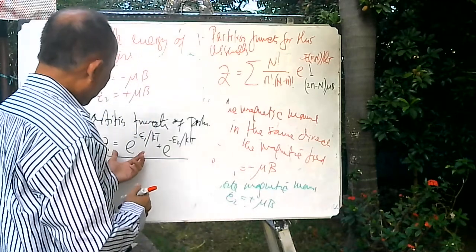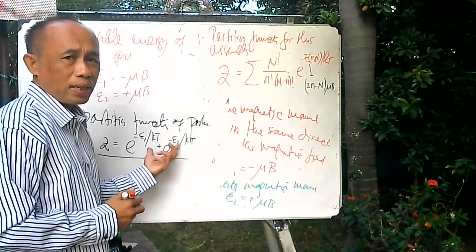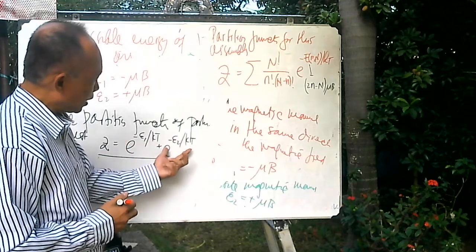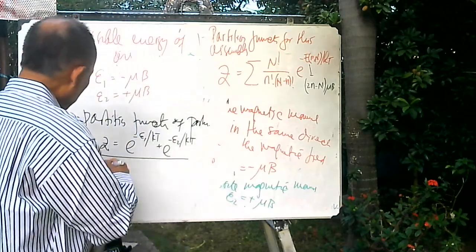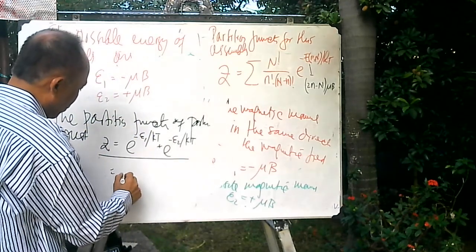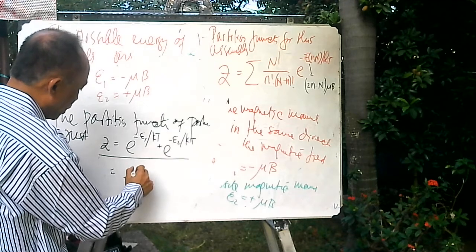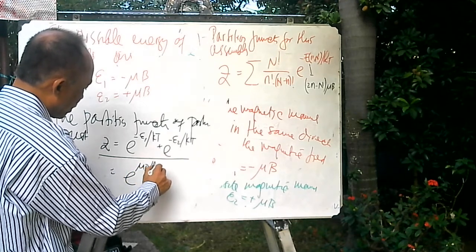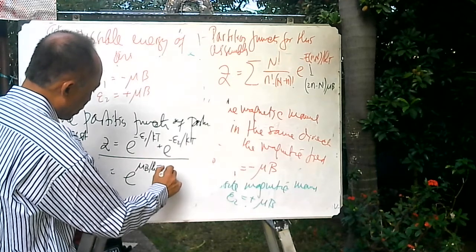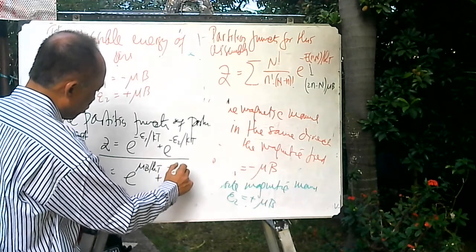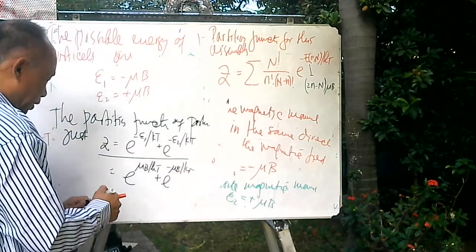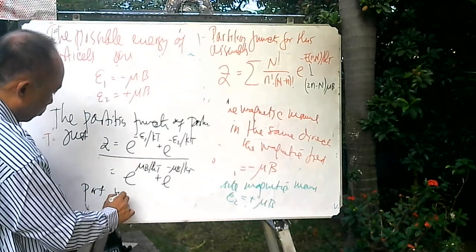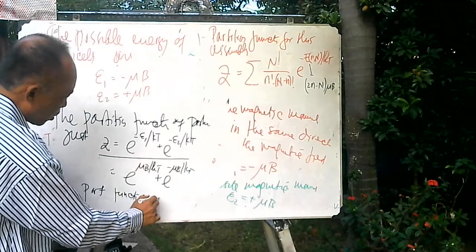But in the case of a particle, we have only two terms, one contributed by epsilon 1 and the second contributed by epsilon 2. If we put in this value, we will have exponent mu b divided by kT plus exponent negative mu b divided by kT. This is the partition function of one particle.